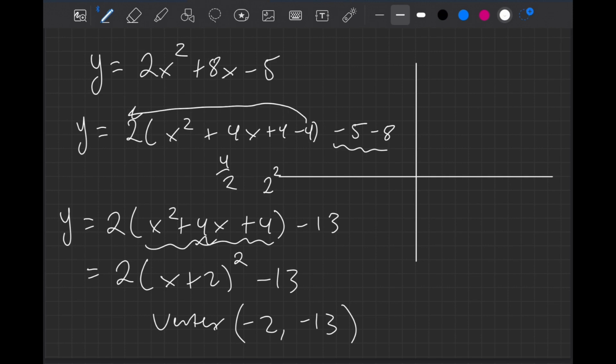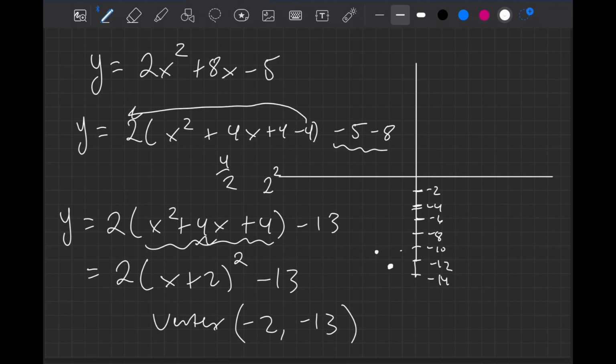So to graph it, I'm going to say this is minus 2, minus 4, minus 6, minus 8, minus 10, minus 12, and then minus 14 will be here, so this one will be right here. And then let's say that it's at minus 2, so right here, and it's going to have a stretch of 2.